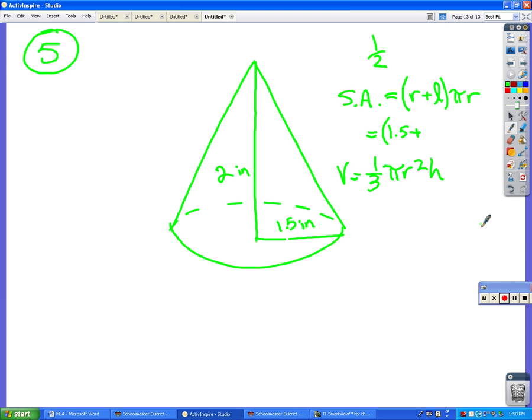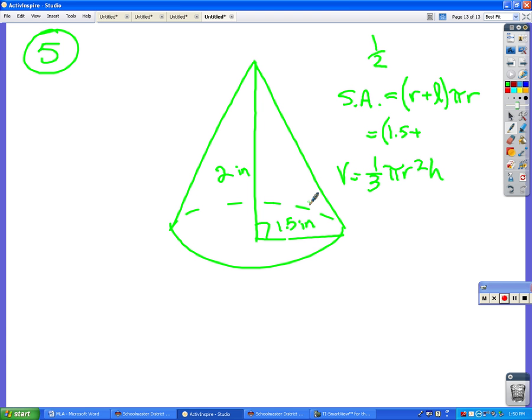Nope, this is the hypotenuse, so you know it's going to be bigger than both of these. No, because I don't know these angles. I don't know if I have a 30, 60, 90, or a 45, 45, 90. I know this is a 90, but these angles could be anything.